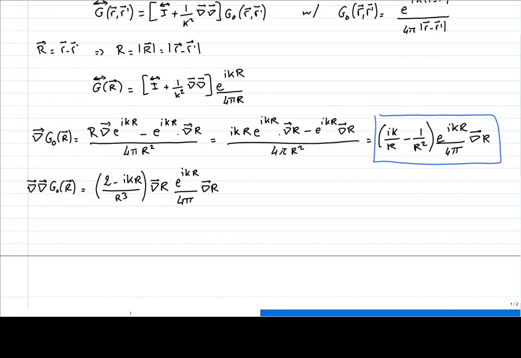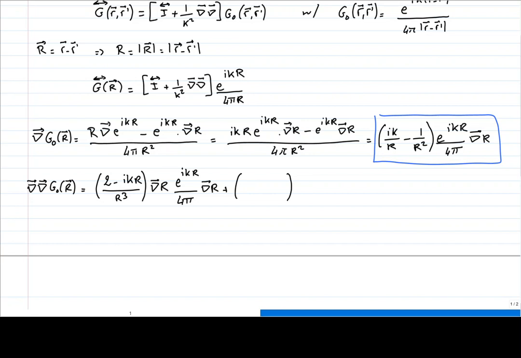So you see that we now have a second gradient that shows up because of the derivatives. That's taking the derivative of the first function, in the parentheses. Then the parentheses remain the same, and we take the derivative of the exponential part.